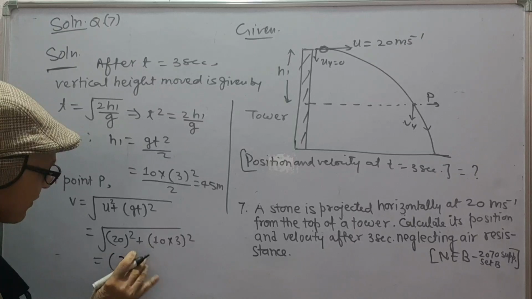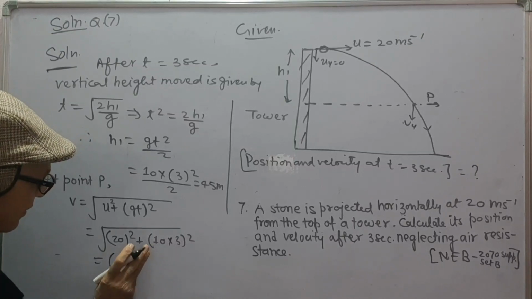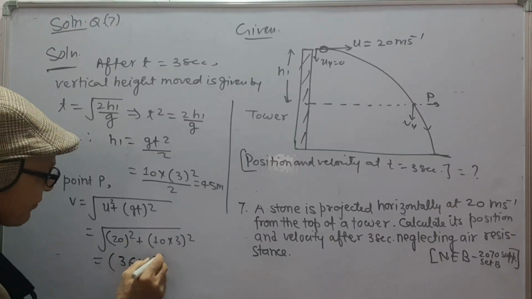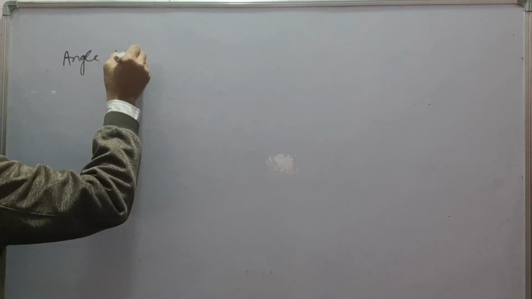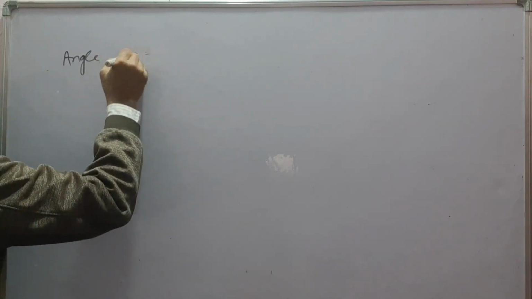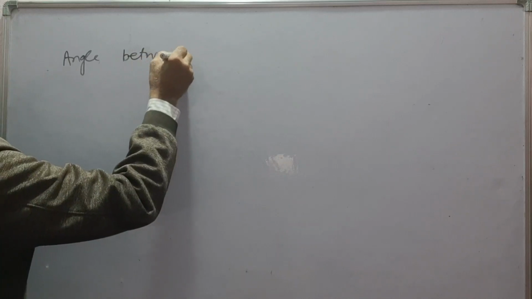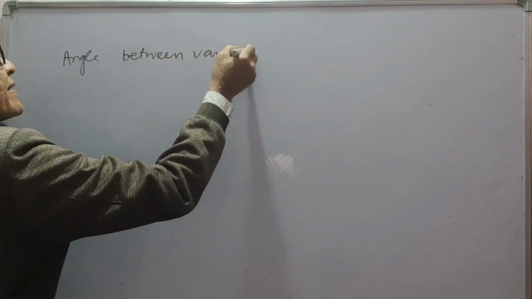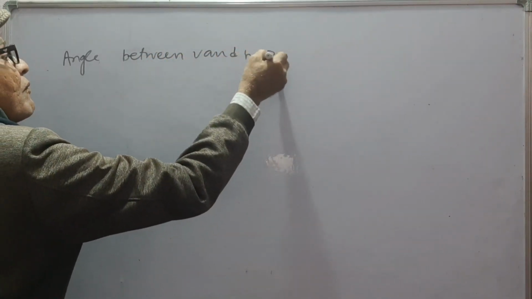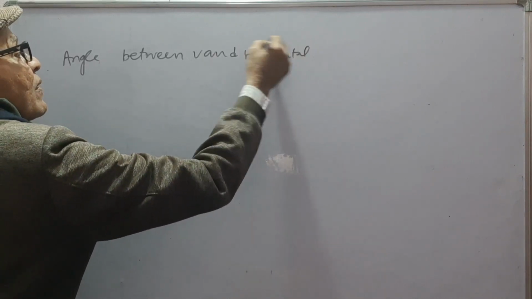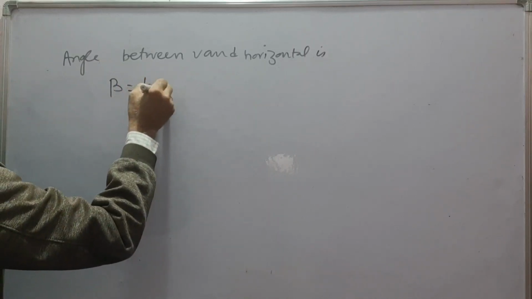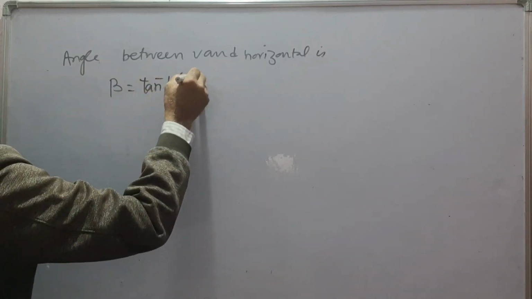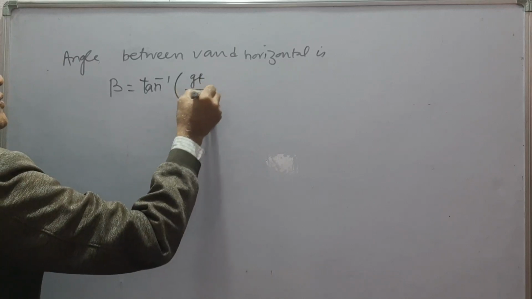The angle between v and horizontal is given by beta is equal to tan inverse g t upon u.